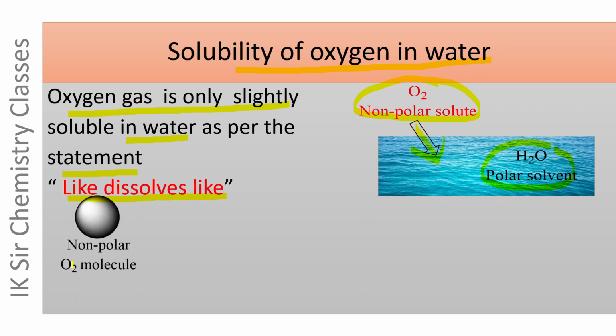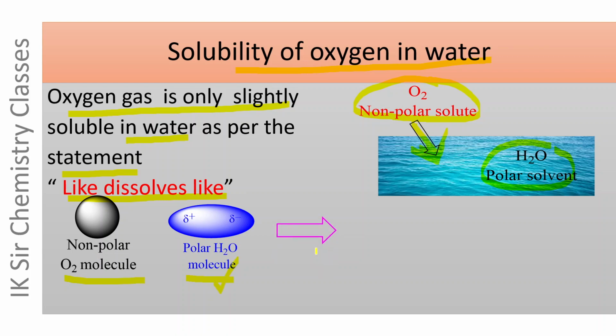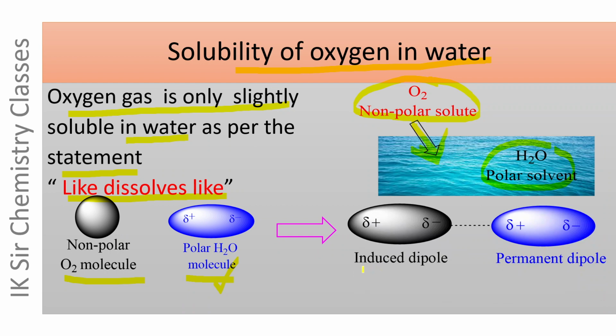This is a non-polar O2 molecule. But the H2O molecule is polar. When the O2 molecule comes in contact with the polar H2O molecule, the O2 molecule is polarized. Dipole moment is induced within the O2 molecule by the H2O molecule, which has permanent dipole moment.